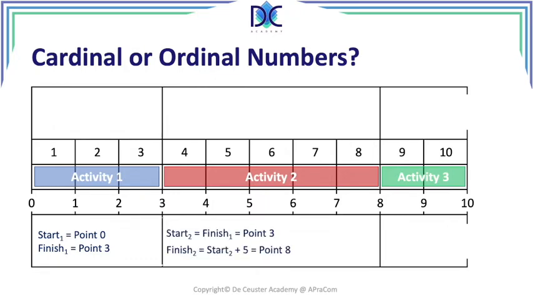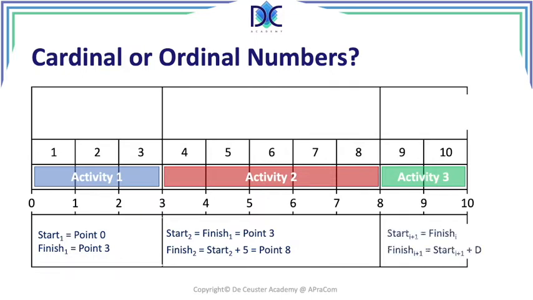The next activity, activity 2, will also start at point 3, event 3, which is equal to the finish event of activity 1, and activity 2 will finish at point 8, which is the finish event of activity 2.